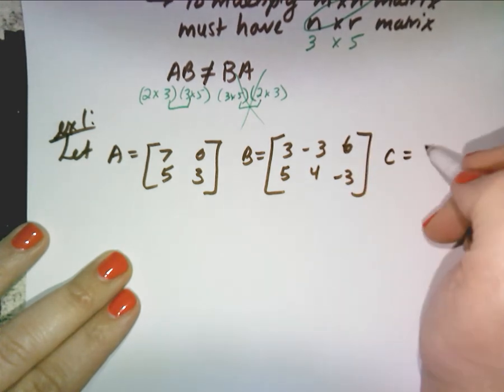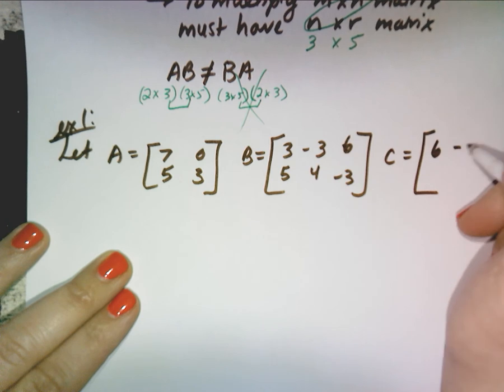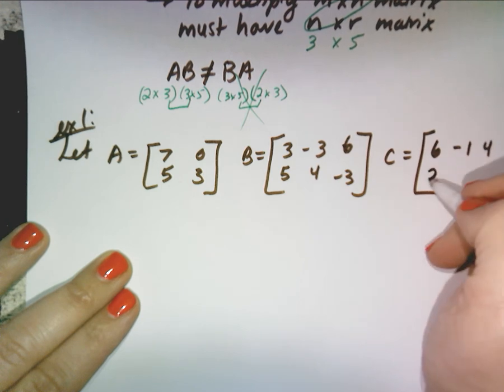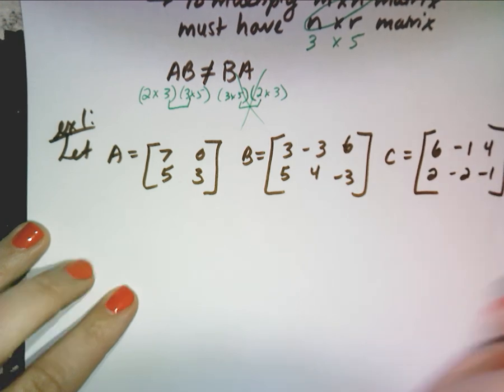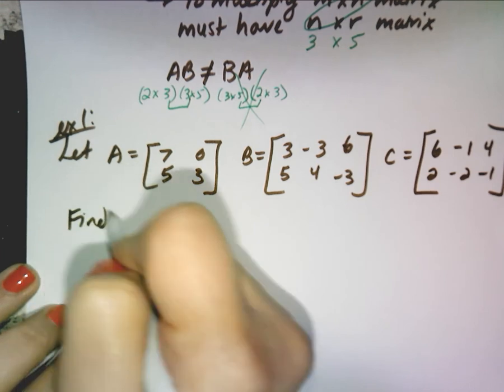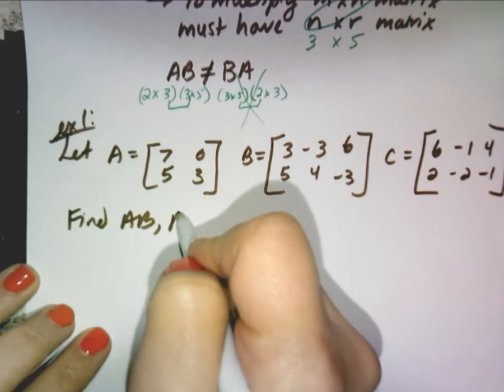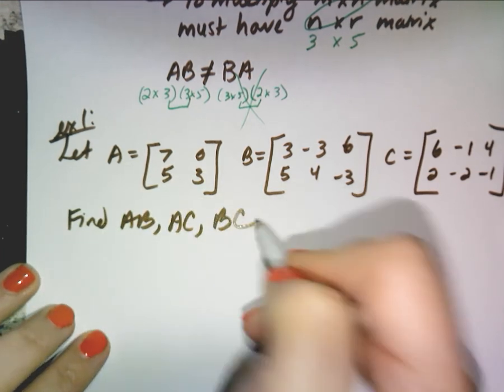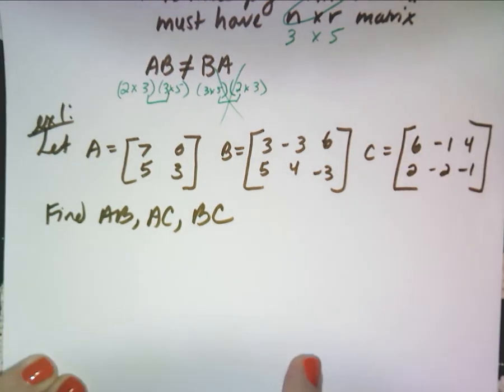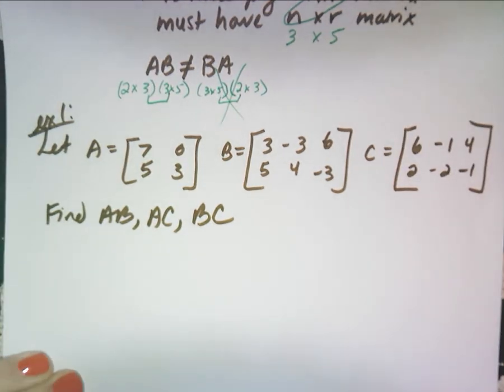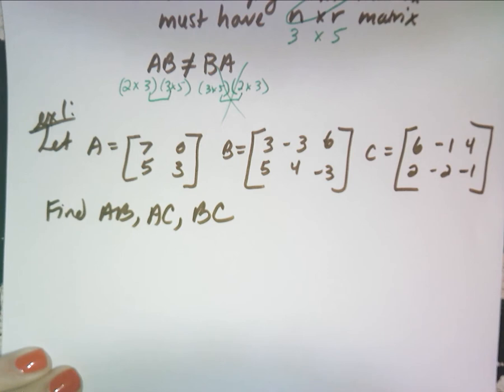And then we're also going to have C. And I want you to find AB, AC, BC. So let me tell you, first of all, find the dimensions.